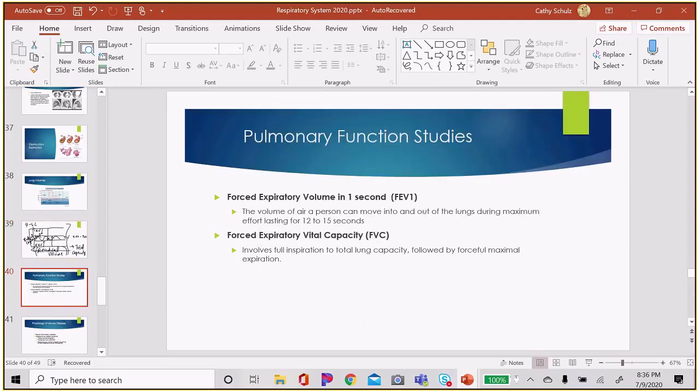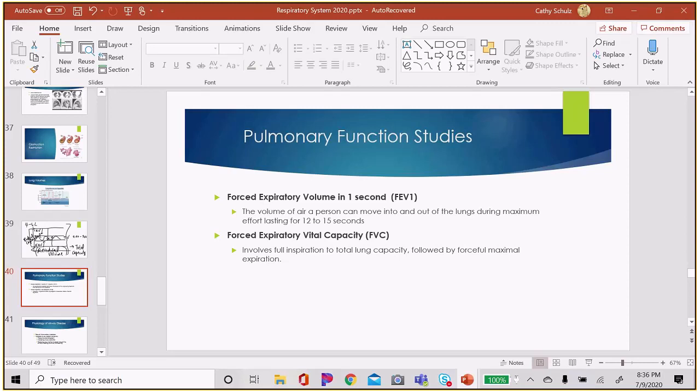When people are doing pulmonary function studies, they're trying to measure the amount of air that somebody moves at rest, as well as their reserve volumes when they've increased their activity. And then they do two very important tests.